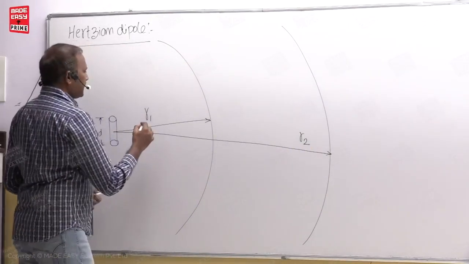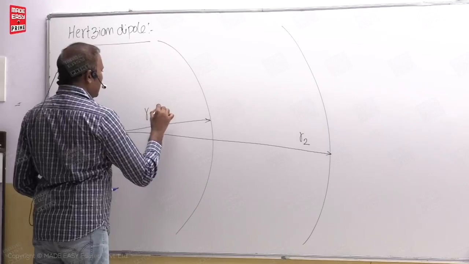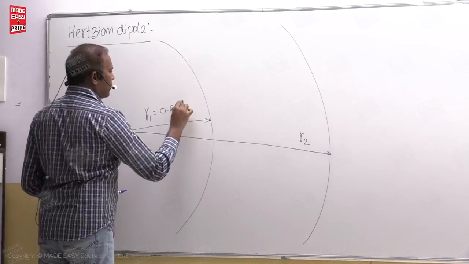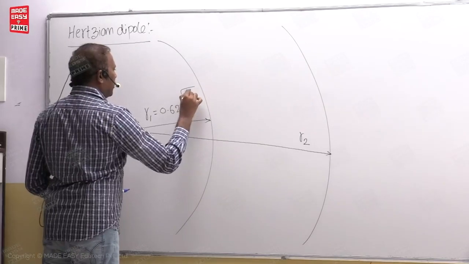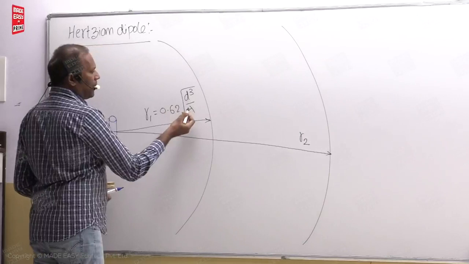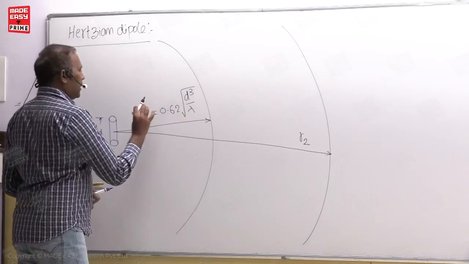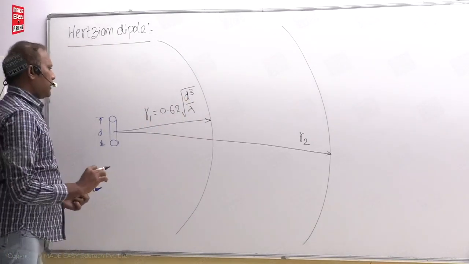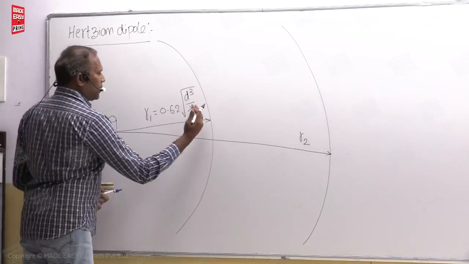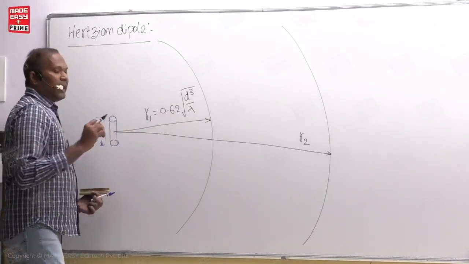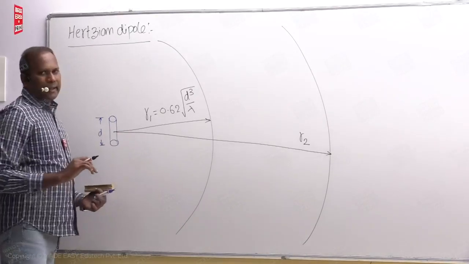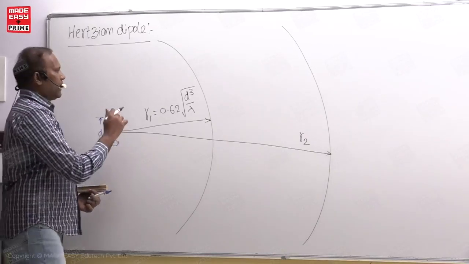Now, here R1 is equal to 0.62 root of d cube divided by lambda. You can see the units. This is meter cube by meter, root of meter square is meter. This is the R1 distance. If there is an antenna here, up to this distance, the very near field exists, or otherwise the static electric field exists here.